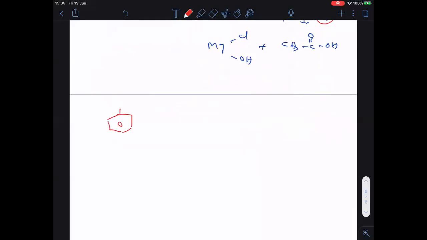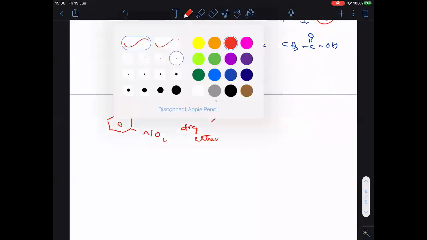Now here let me take bromine, and this is NO2 at the meta position. First of all this is reacting with magnesium and dry ether. What happens here, tell me?